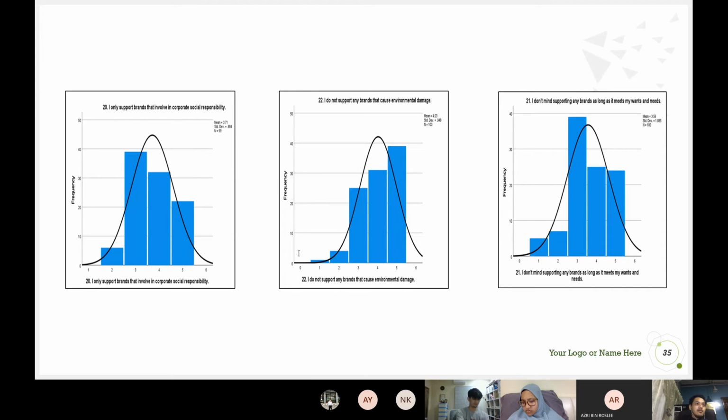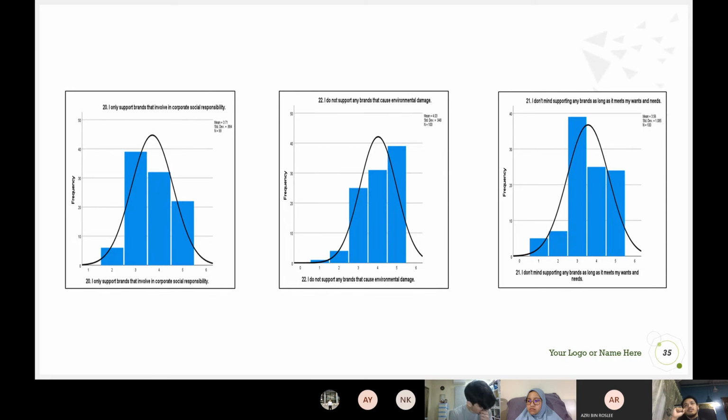Sorry, only 39% satisfied, as most of them strongly agree on not supporting brands that cause environmental damage, while there is only one respondent that disagrees. On average, the respondents agreed.